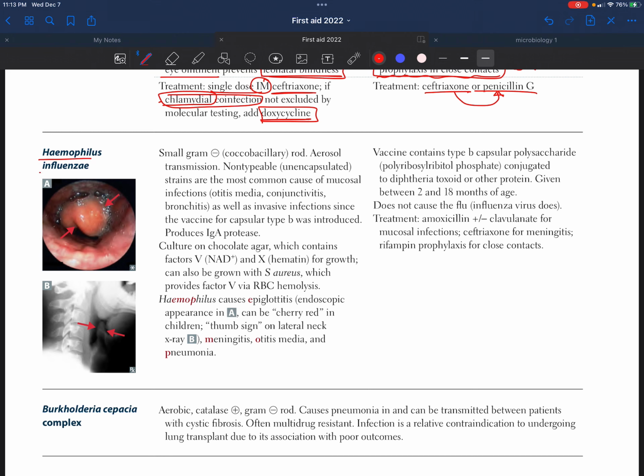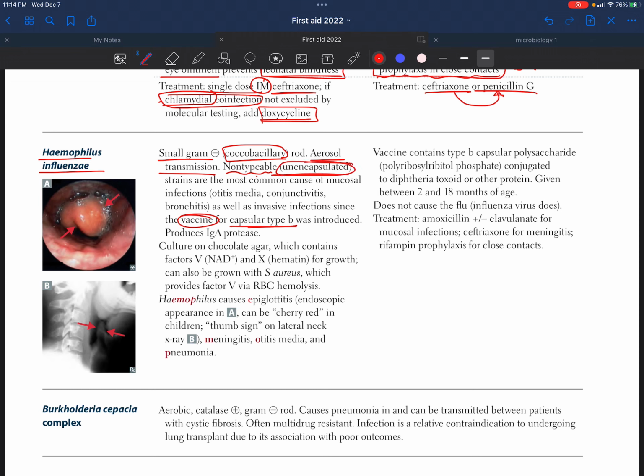Now for the Haemophilus influenzae, it is small gram-negative coccobacillary rods. They have aerosol transmission. Basically, we can consider that there is one that has a capsular type B, and this one does have a vaccine, while the other one is non-typeable or unencapsulated, so it does not have a capsule.